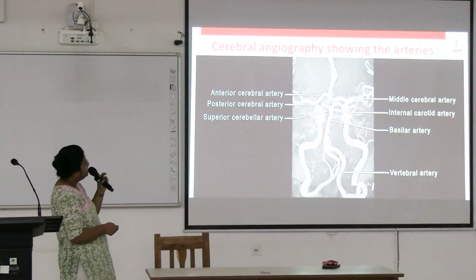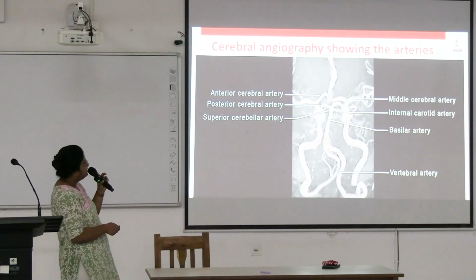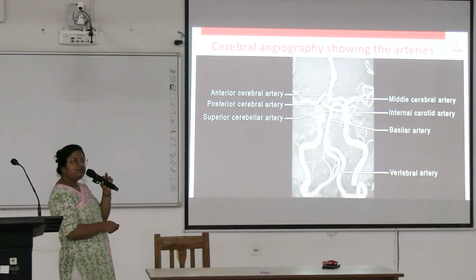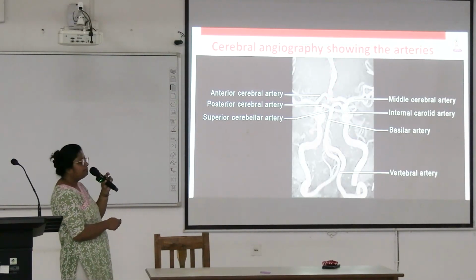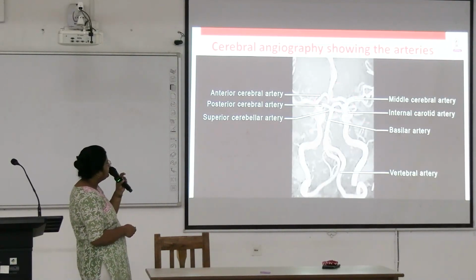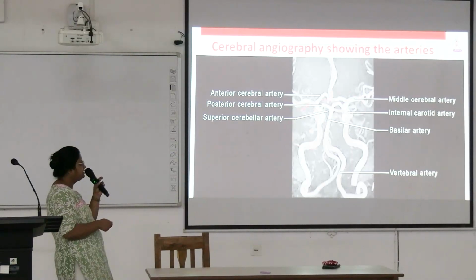Next, here is the internal carotid artery dividing into the middle cerebral artery and anterior cerebral artery, and these two anterior cerebral arteries are connected by the anterior communicating artery, and they continue forward to supply the frontal lobe. So this part is forming the circle of Willis. Understood? It can be visualized.